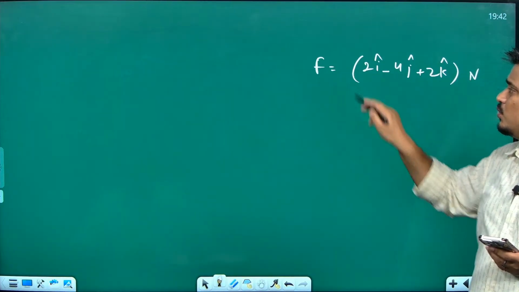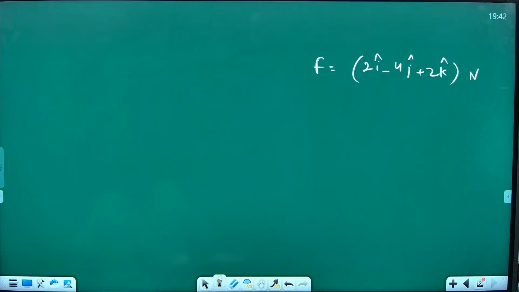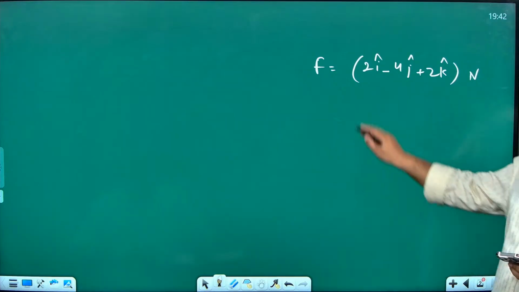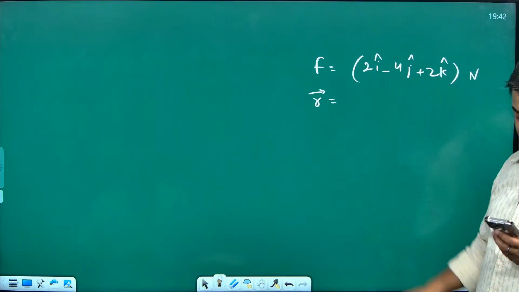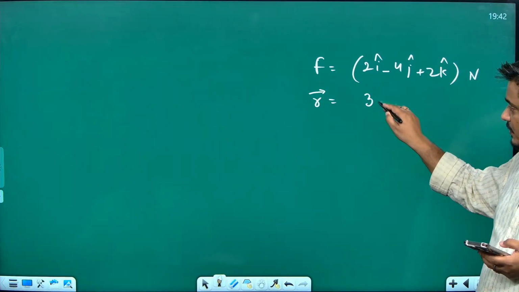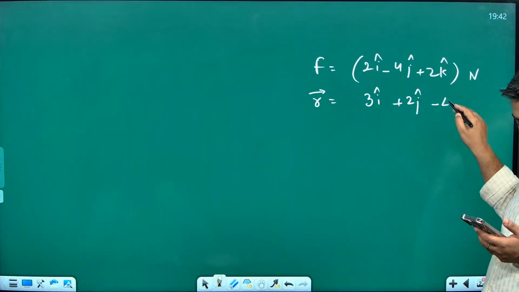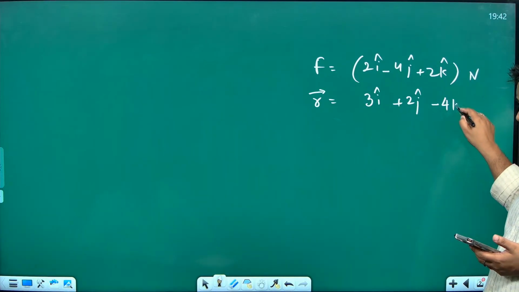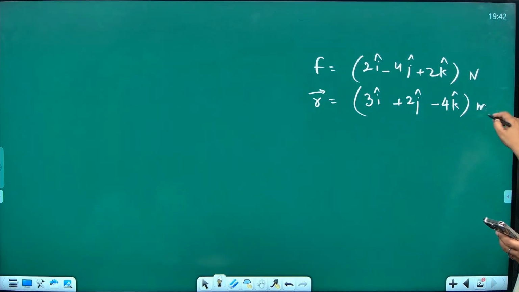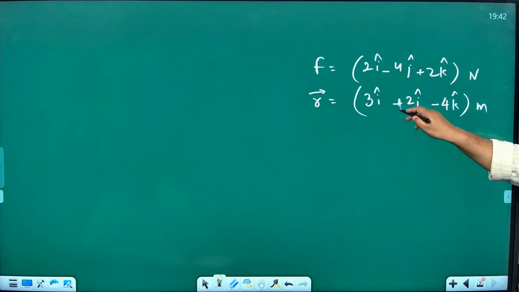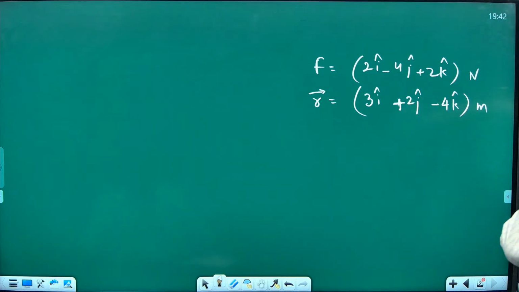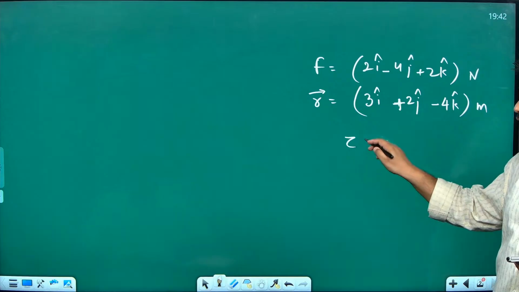Force is 2I cap minus 4J cap plus 2K cap, and it acts at a point 3I cap plus 2J cap minus 4K cap meters from the origin. What is the magnitude of torque?